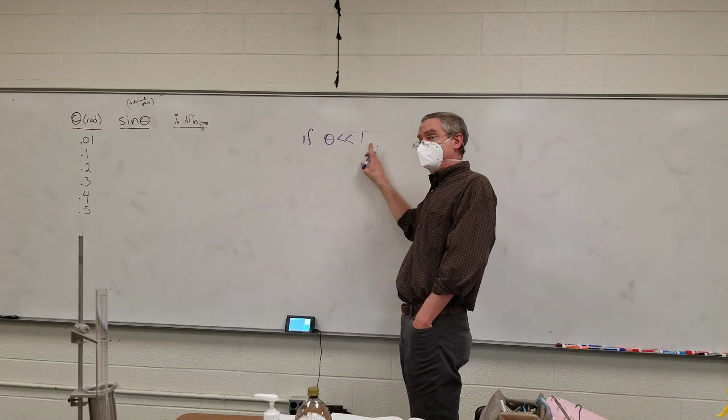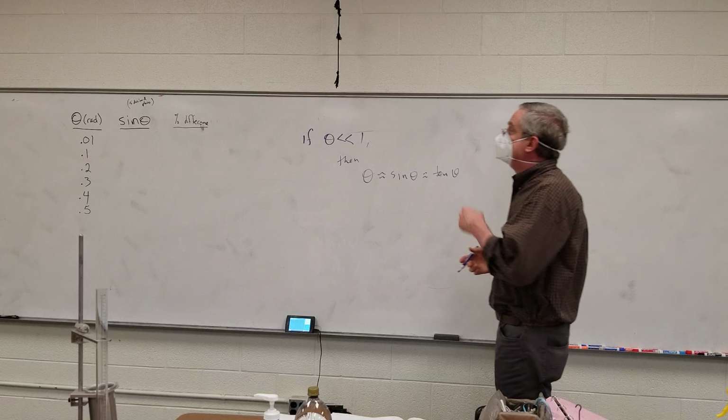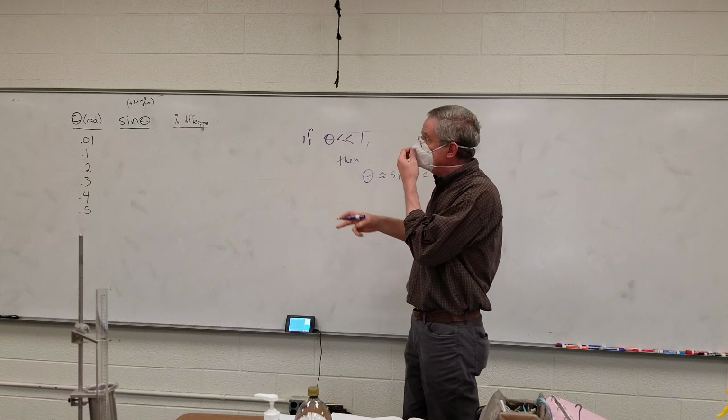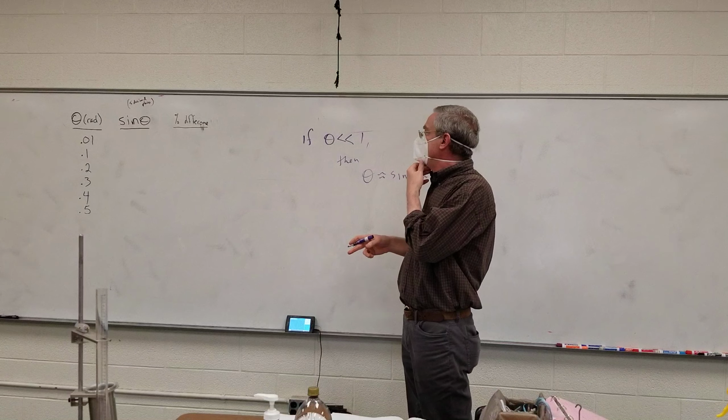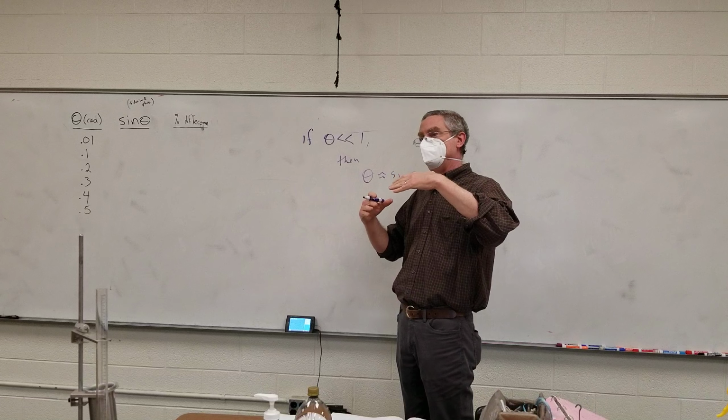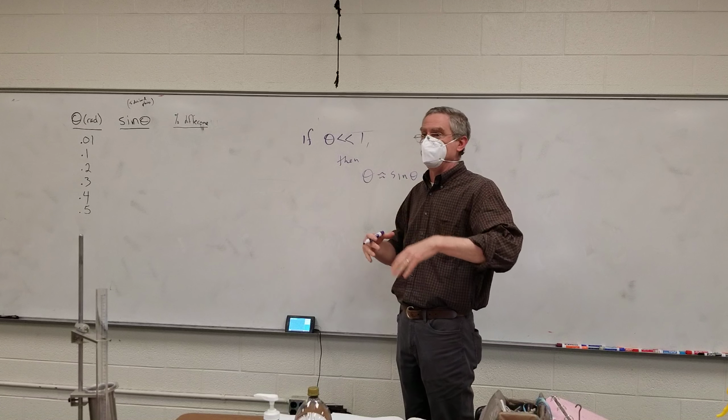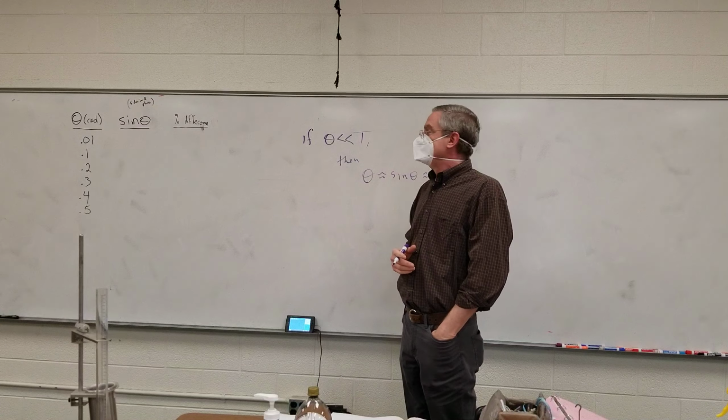And we exploit this in our simple pendulum with the sine of theta. Part of that question is at what point do we really should not be using small angle approximation at all. It depends on what you're doing.